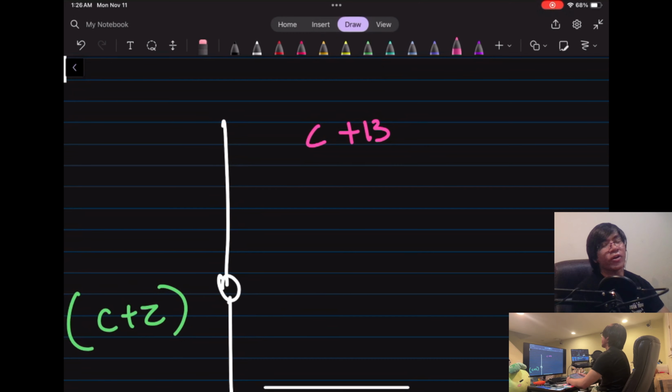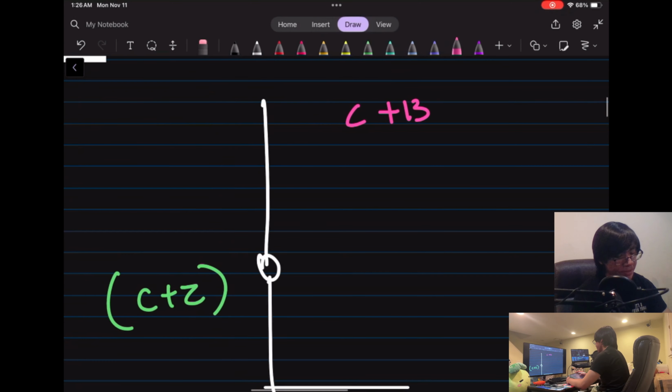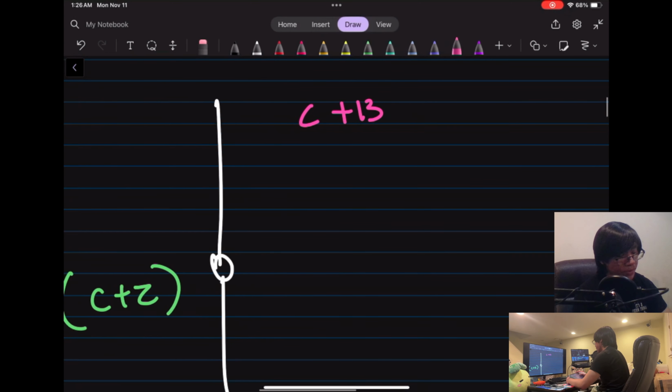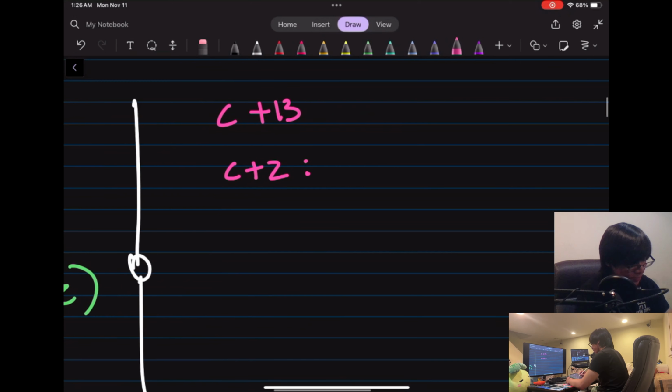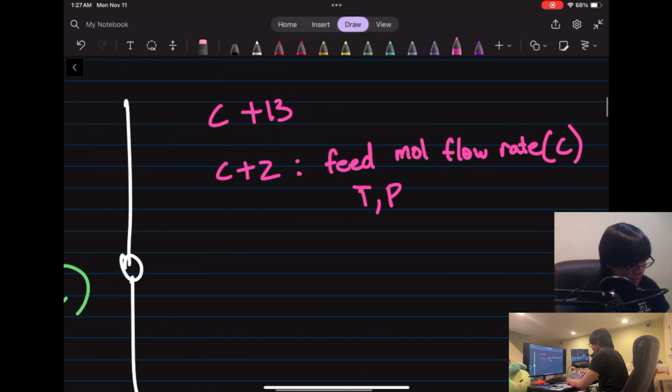First, we have our feed stream, so we can specify for that. Lucky for us, it's another stream that we did account for, that's why we're subtracting it. It's C plus 2: we have our feed mole flow rate, C, and then again temperature and pressure, so that's 2.